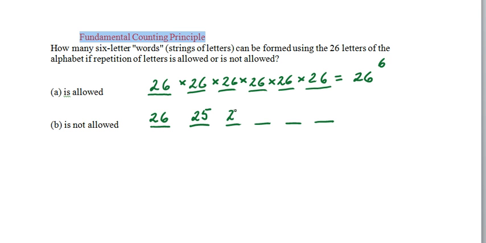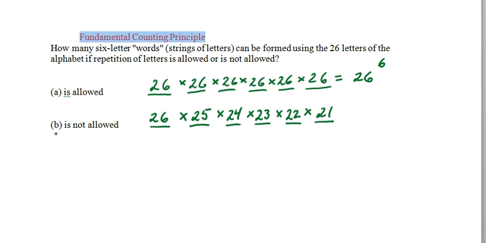The third from 24, fourth from 23, fifth from 22, and sixth from 21 letters. And so this product will give us the number of ways that we can create six-letter words if repetition is not allowed.